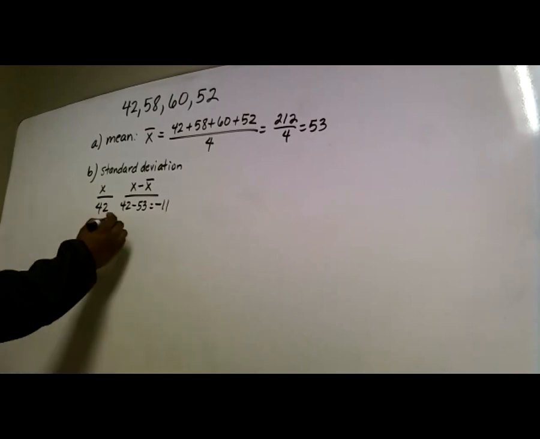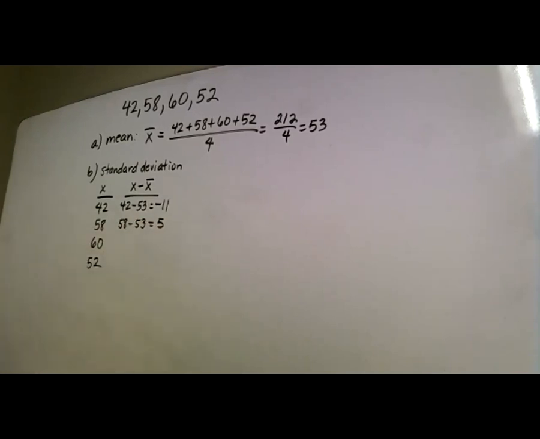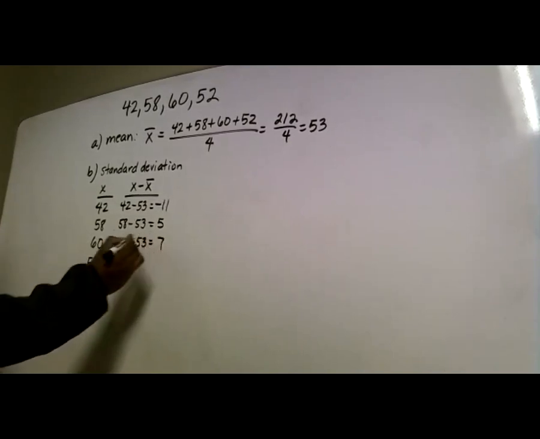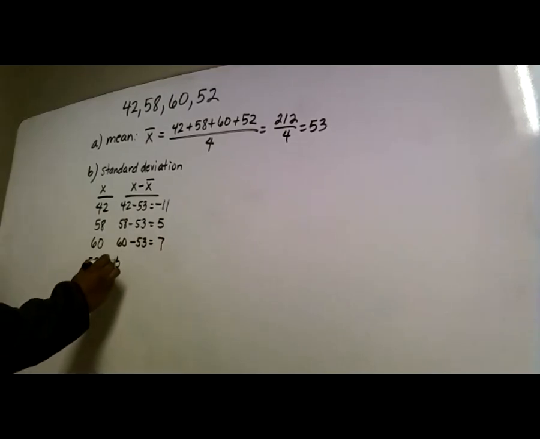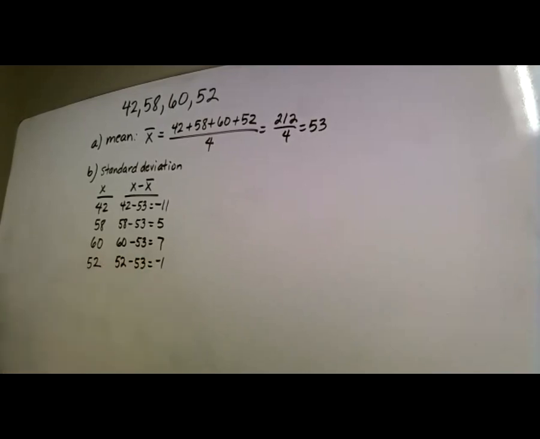And then for 58, that'd be 58 minus 53, which is positive 5. And for 60, the deviation will be 60 minus 53, which is 7. And for 52, this will be 52 minus 53, that will be negative 1.